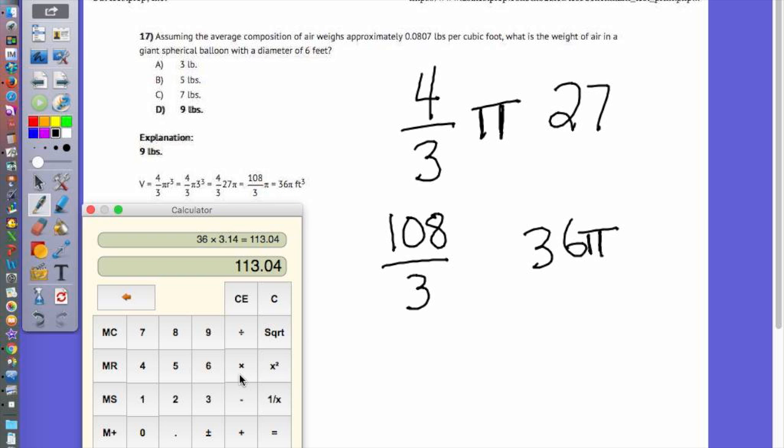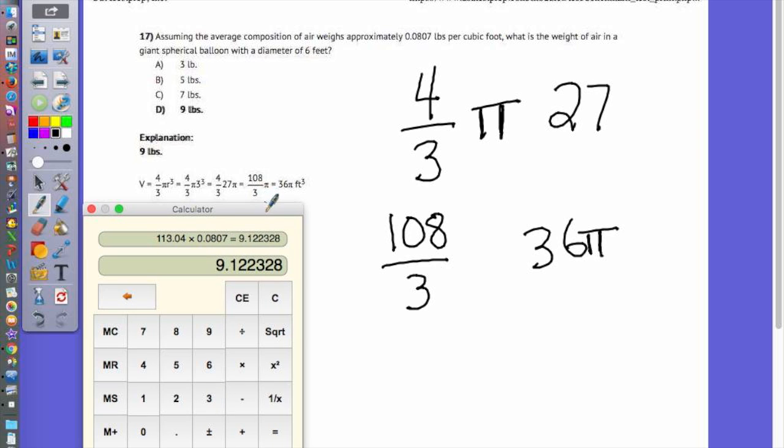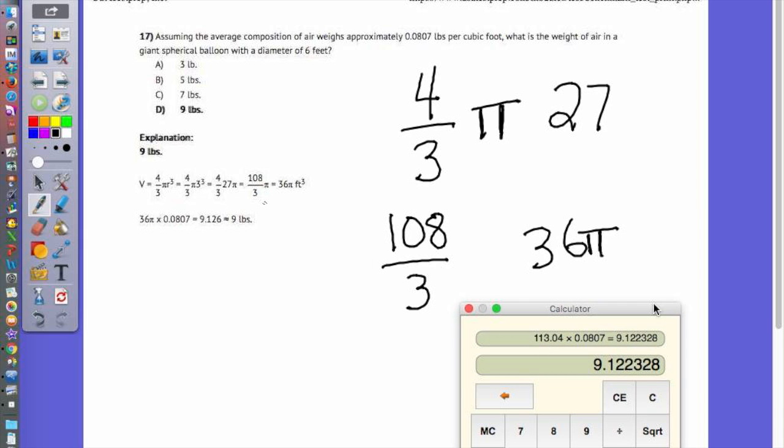And each of them weighs approximately 0.0807 pounds. And that's how you get 9.12. So it's approximately 9 pounds. Yes, I would prefer the answer say 9.1. Since 9.1 isn't there, because that's what it would round to, that's why you're going with 9.